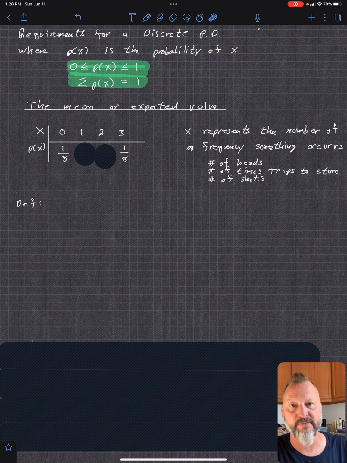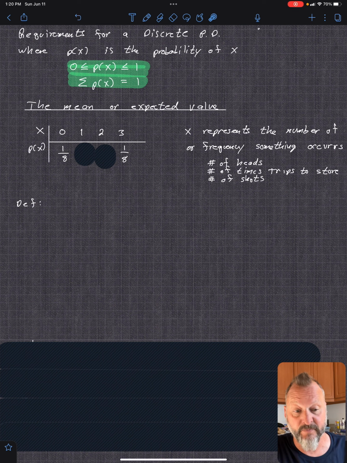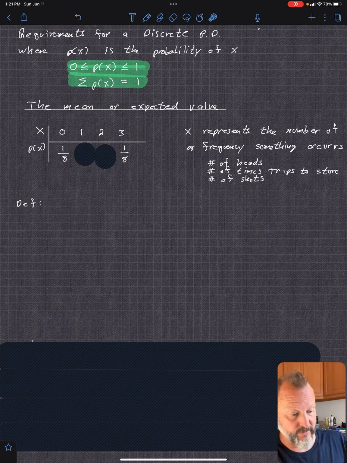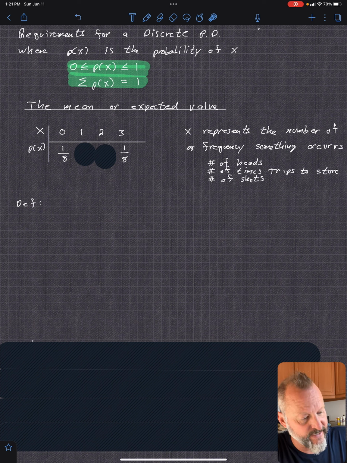It is the number of times a sample population in a community goes to the store, and what are the chances, how many times a week. That was the question. We'll do that one. So let x represent the number or frequency of something that occurs. For example, number of heads, they do that example in one of the books.